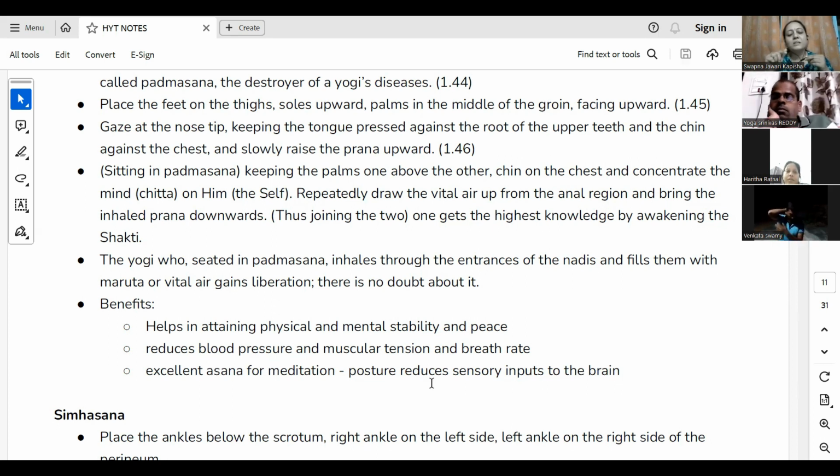When we sit in Padmasana, the center of axis is exactly at our navel center. That's why it receives less sensory input to the brain. So we say this is an excellent asana for meditation. And it also helps to get physical and mental stability and peace.